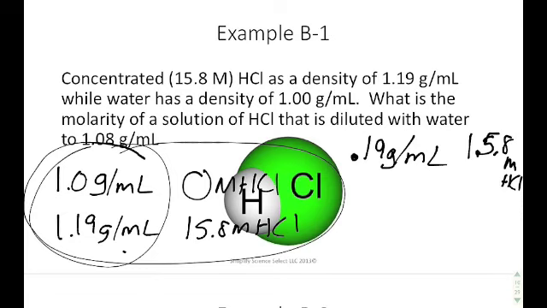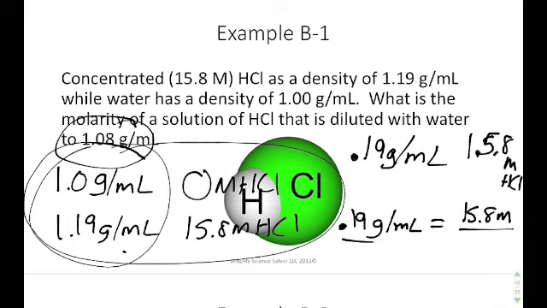And I've got a ratio here. I can say how much it changes by. So if I have a change in density of 0.08, you set up a ratio: 0.19 grams per mil equals 15.8 molar divided by 0.08 grams per mil.